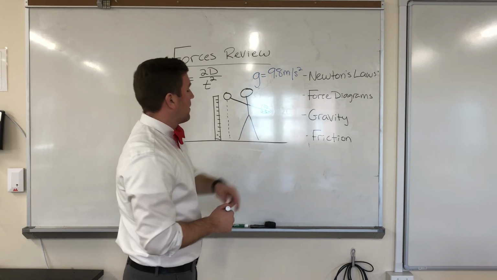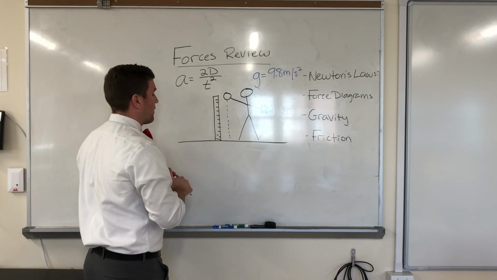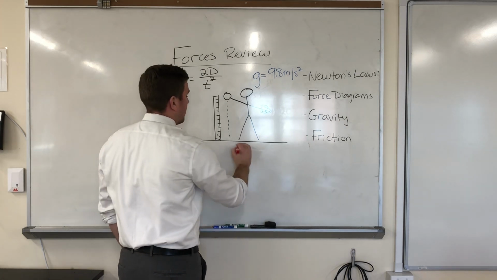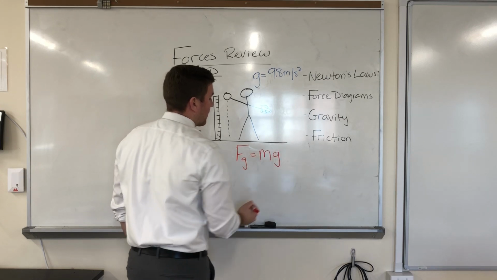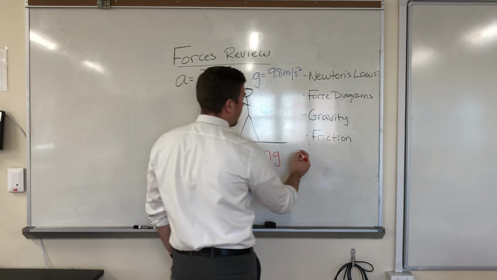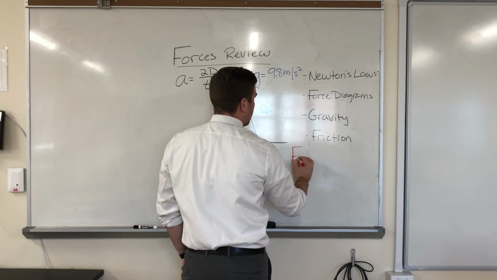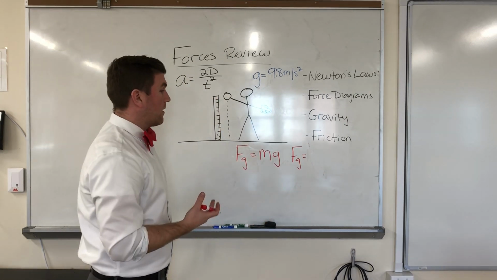But overall, if I were to do a problem where I had to find the force of gravity, I would use the mass times the acceleration of gravity, and most of the time this will be on Earth. So if I'm looking for the force of gravity, perhaps I want to find my own weight in newtons.